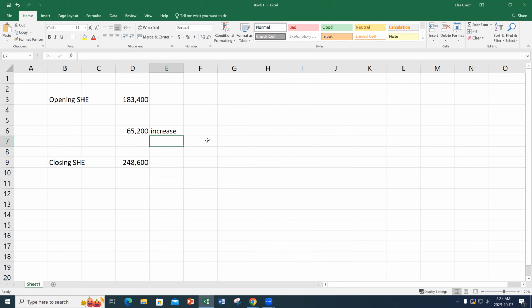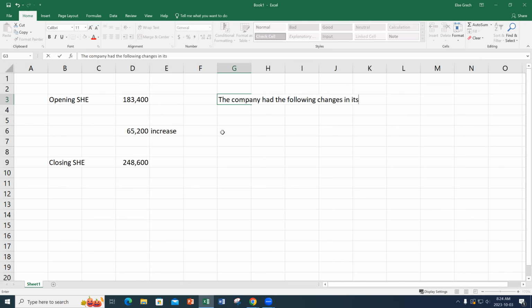And then it'll give you some information. It'll say something like the company had the following changes in its shareholders equity during the year. And then they'll give you some information. They'll say dividends declared were, let's say, $56,000.